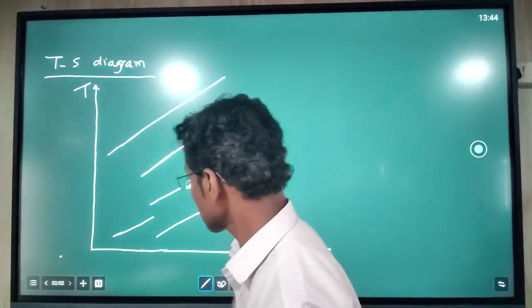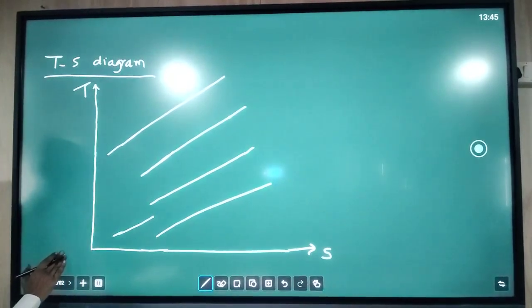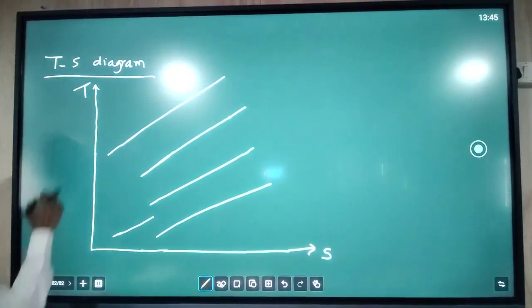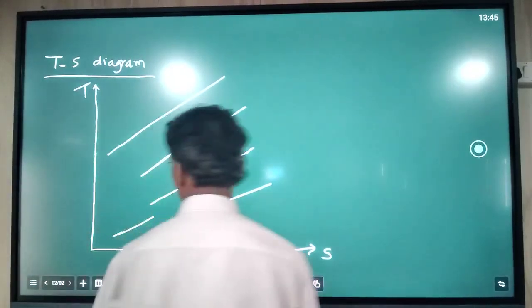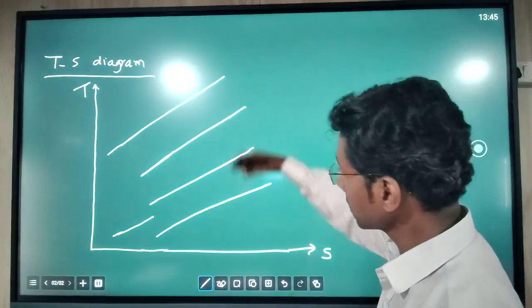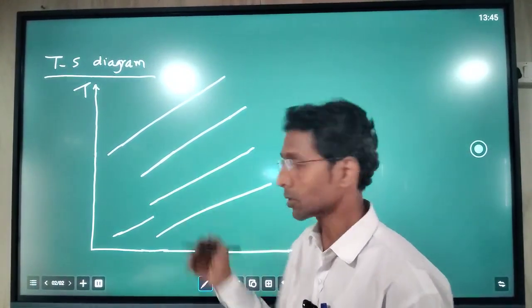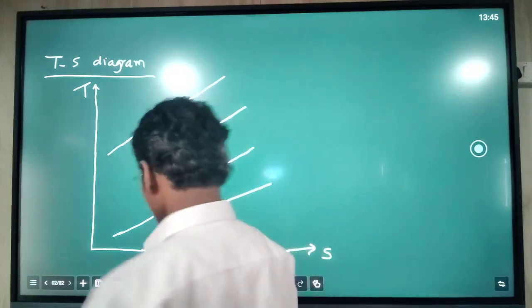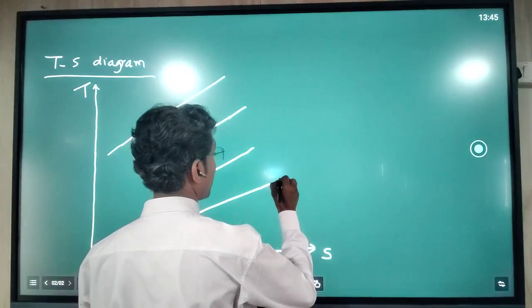We will start with the TS diagram. Here in the TS diagram, the vertical axis is temperature and the horizontal axis is entropy. Here we have different isobaric or constant pressure lines. We will start first from the ambient pressure line.